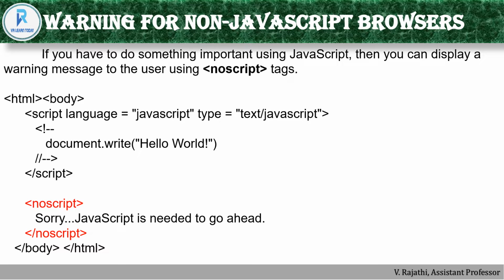And a warning for non-JavaScript browsers. If you have to do something important using JavaScript, you can display a warning message to the user using the noscript tag. If no scripting is available in your system, it will inform you by using that noscript tag. So in the HTML body, we use the script tag, and after that script tag we use noscript. If your browser supports scripting, Hello World will be printed; otherwise it will print, sorry, JavaScript is needed to go ahead.